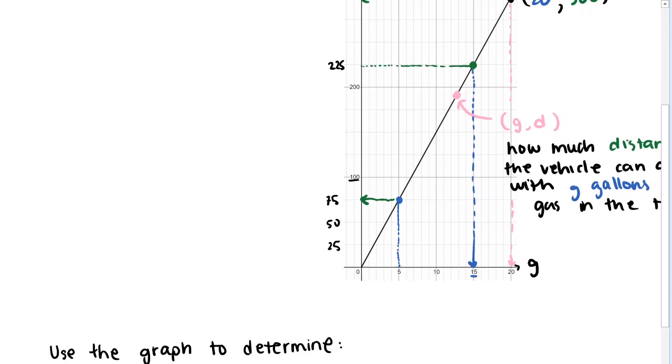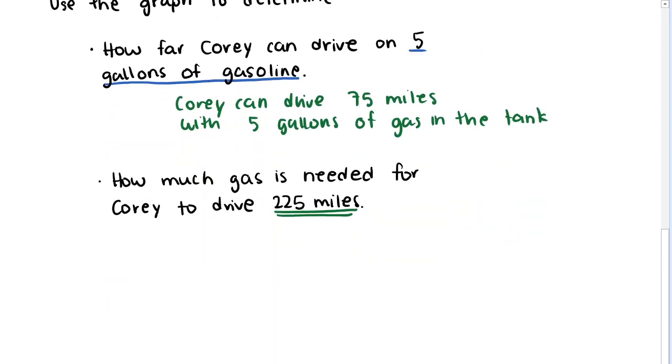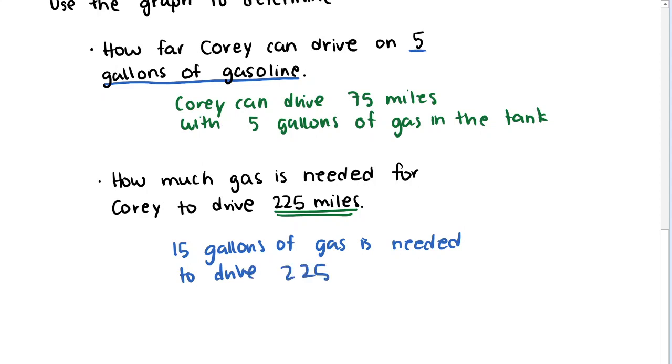And this is saying that when there's 15 gallons of gasoline in the tank, Corey can travel 225 miles. So if we go back to the problem statement, how much gas is needed for Corey to drive 225 miles? 15 gallons of gas is needed to drive 225 miles.